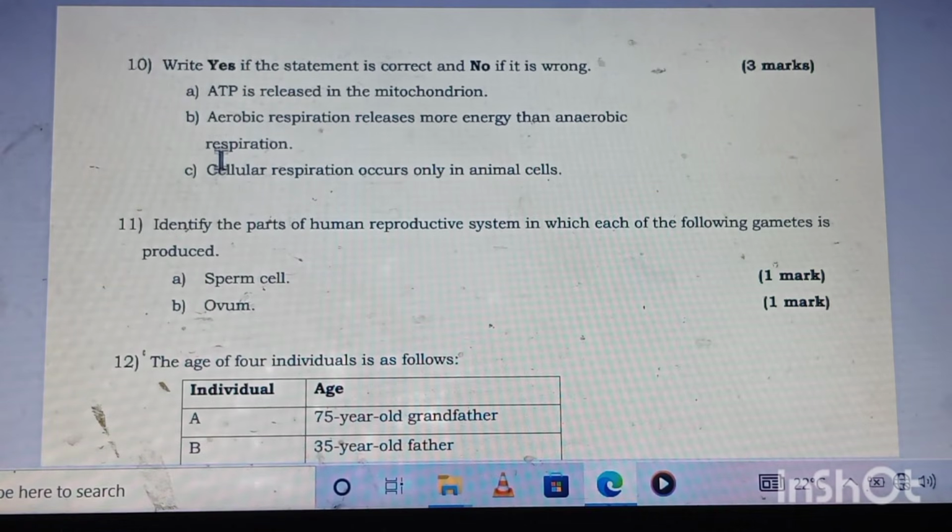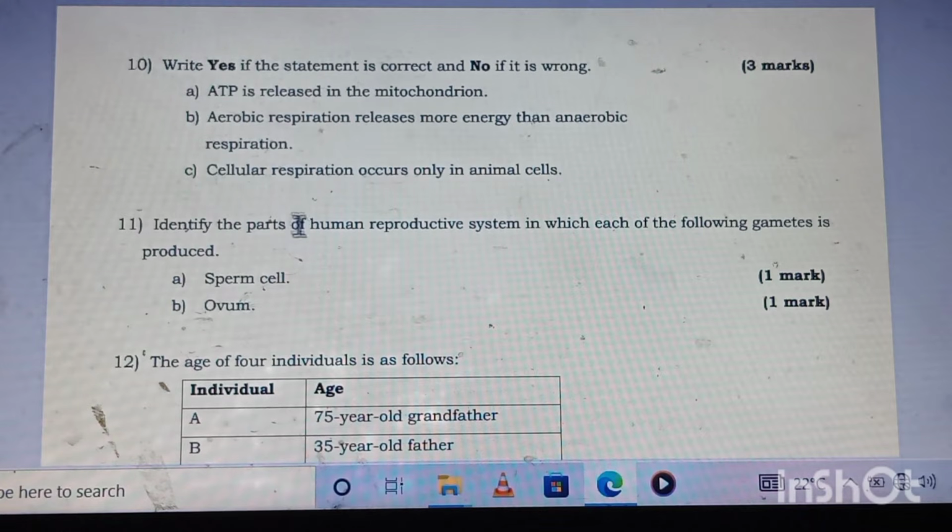Question number 10. Write yes if the statement is correct, or no if it's wrong. A: ATP is released in mitochondria. Yes, of course, because the function of mitochondria is to generate ATP. B: Aerobic respiration releases more energy than anaerobic respiration?